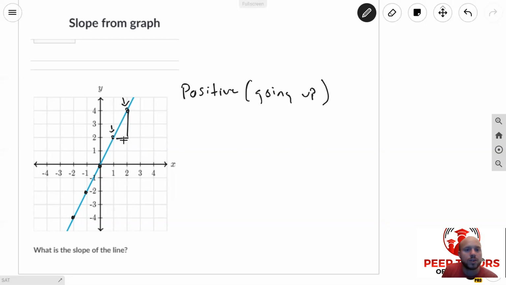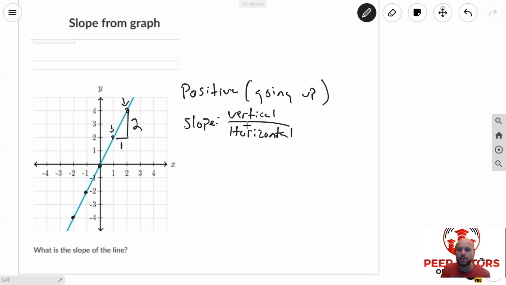So the horizontal side here is 1, and the vertical side is 2, and the slope is the vertical over the horizontal.